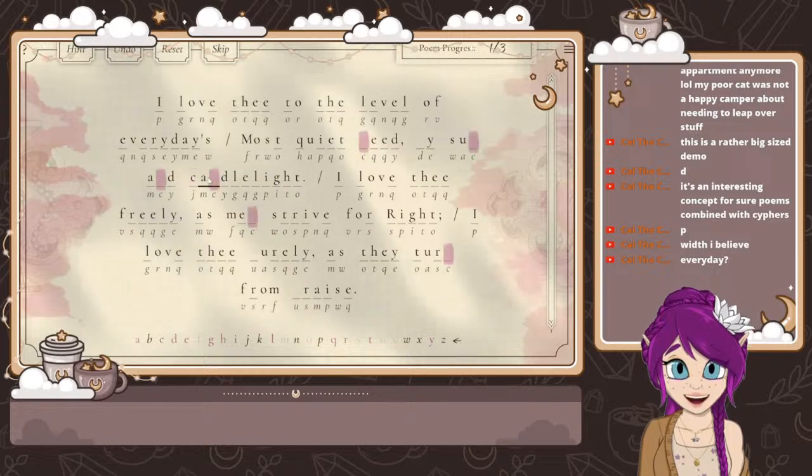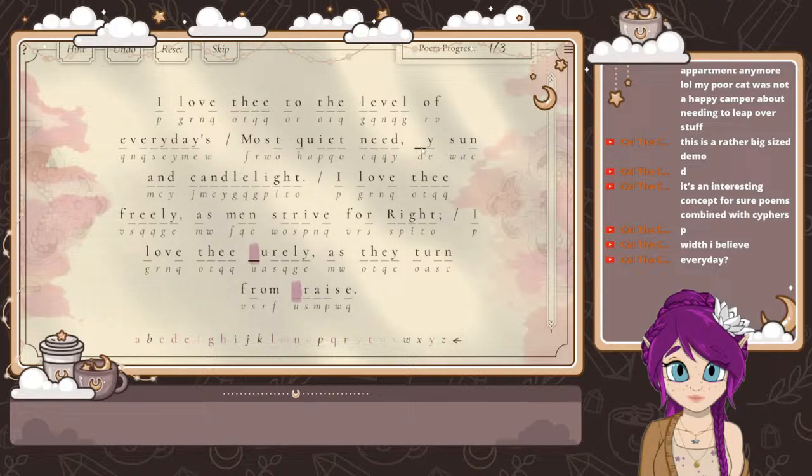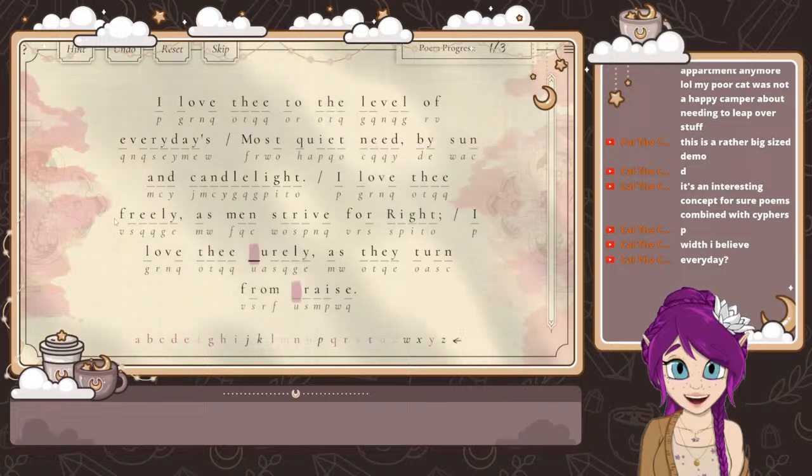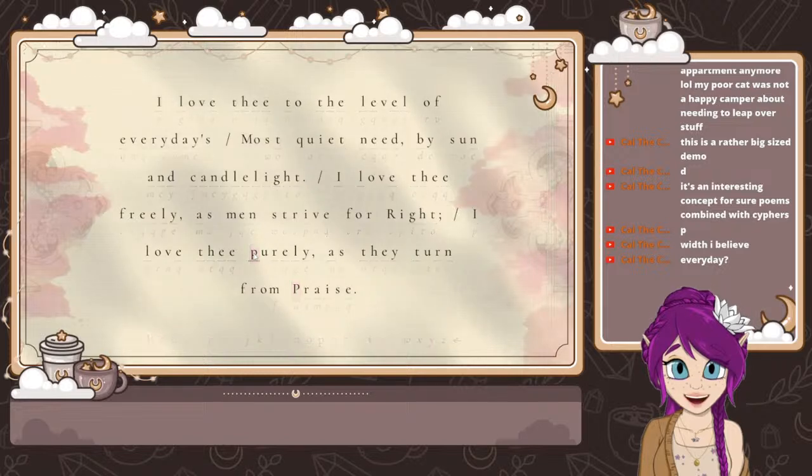Oh, this is candlelight. Most quiet need. By sun and candlelight, I love thee freely as men strive for right. I love thee purely as they turn from praise.